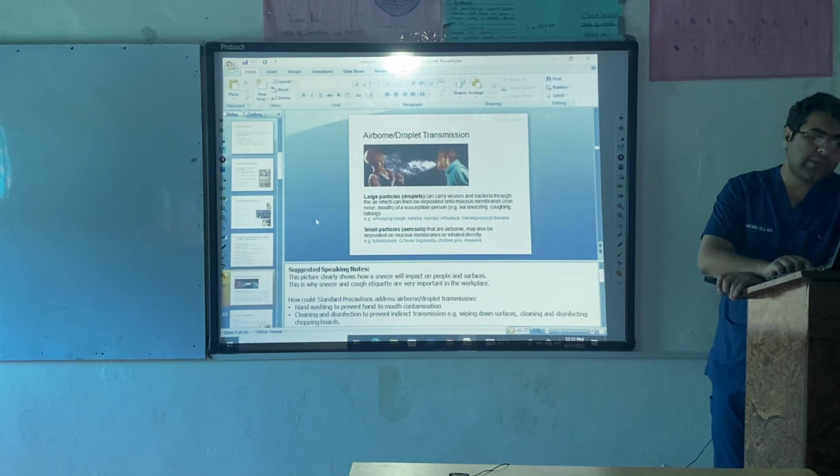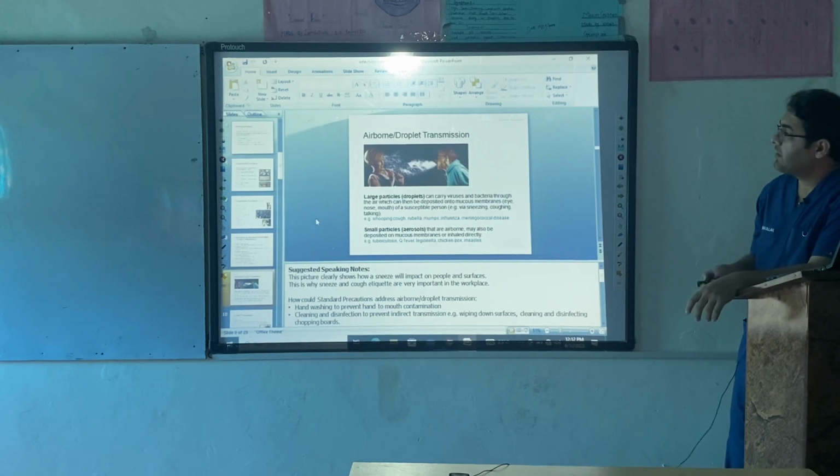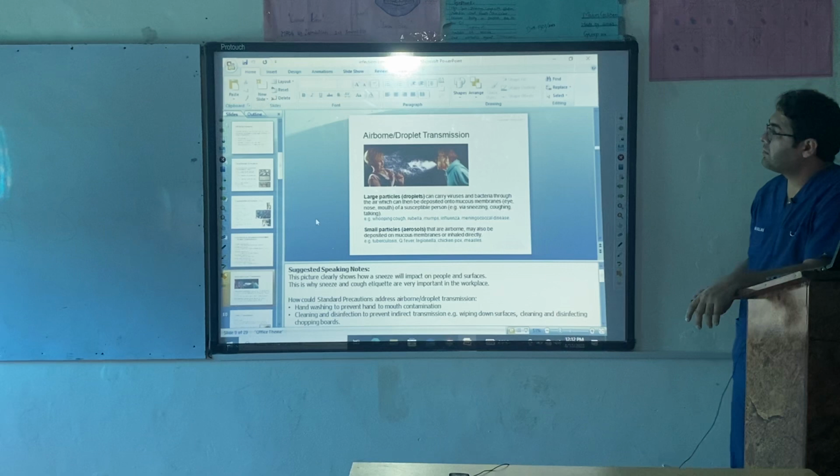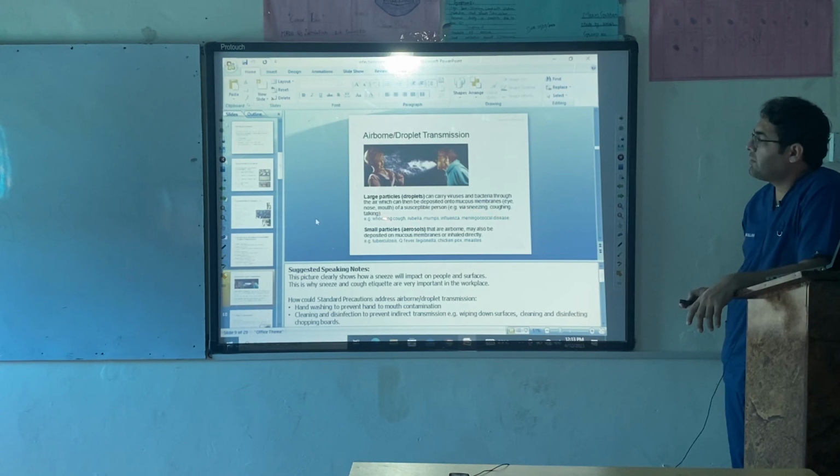As you can see in the picture, in airborne or droplet transmission, large particle droplets can carry viruses and bacteria through the air, which can be deposited into the mucous membranes, for example, the eye, nose, or mouth of a susceptible person, for example, via sneezing, coughing and talking.